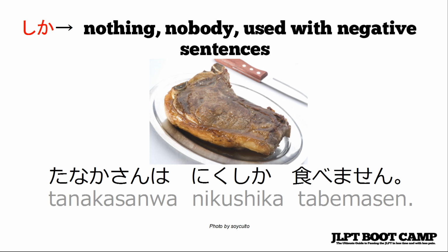This has a basic literal translation of Mr. Tanaka doesn't eat anything but meat. Or you could say he only eats meat, but it's more of an emphasis on the negative. It emphasizes nothing or nobody but this meat that Tanaka-san likes to eat.